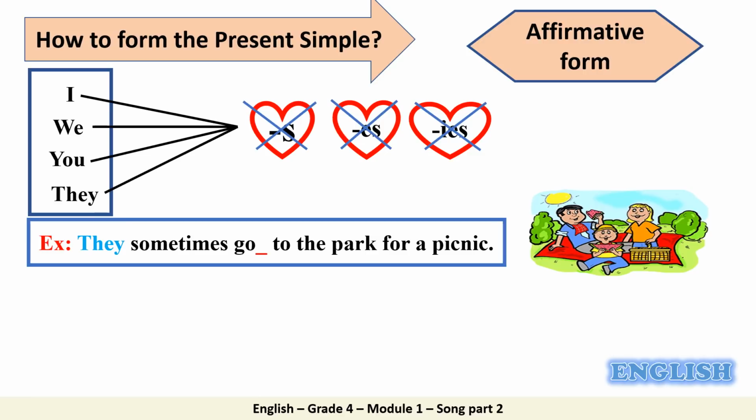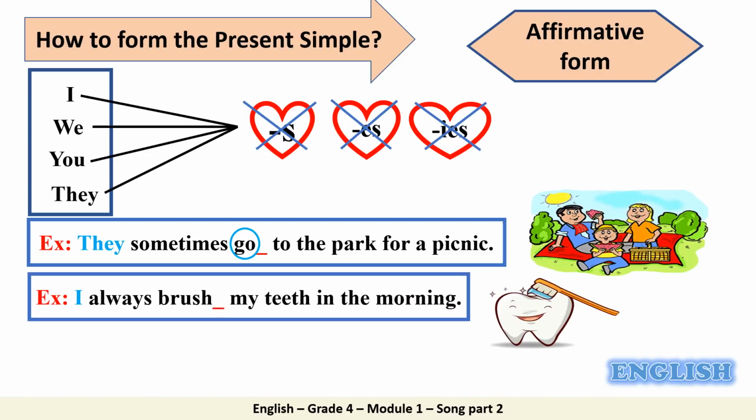They sometimes go to the park for a picnic. Did you notice here we have the pronoun they, and there is nothing added to the verb go. Another example. I always brush my teeth in the morning.